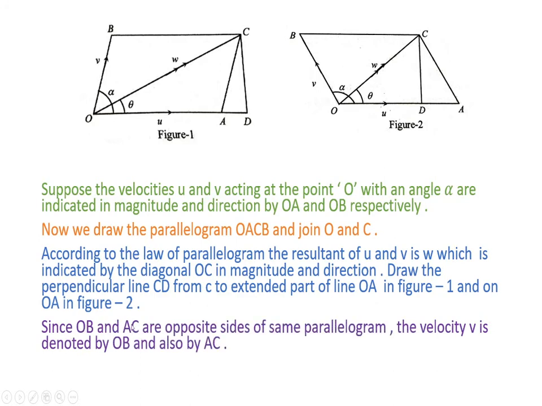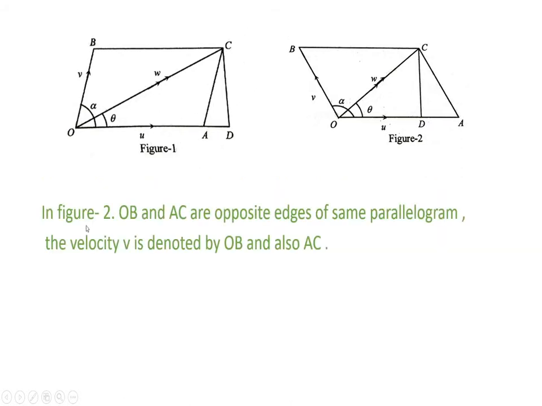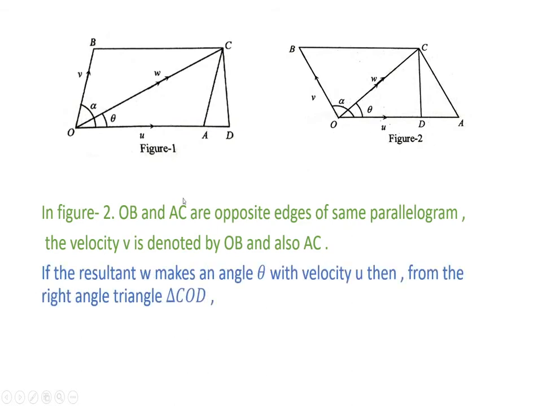Since OB and AC are opposite sides of the same parallelogram, the velocity V is denoted by OB and also by AC. In figure 2, OB and AC are opposite sides of the same parallelogram, and the velocity V is denoted by OB and AC. If the resultant W makes an angle theta with velocity U, it does so for both figure 1 and figure 2.